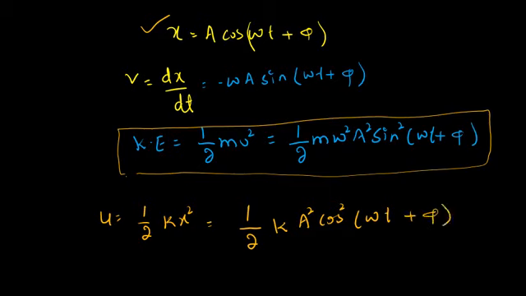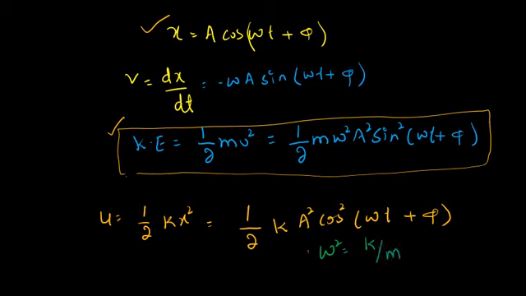Next I can rewrite the kinetic energy in terms of k and A squared instead of ω squared. For this purpose I need to make a replacement: ω squared is equal to k divided by m.